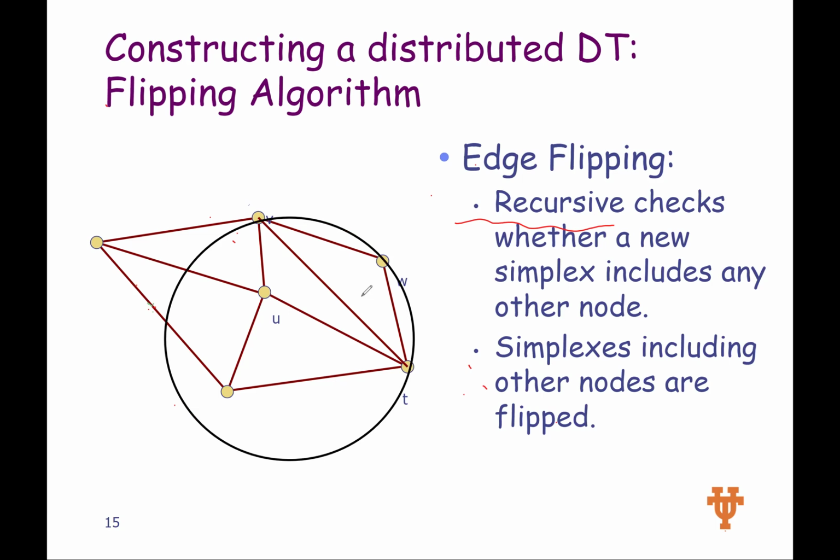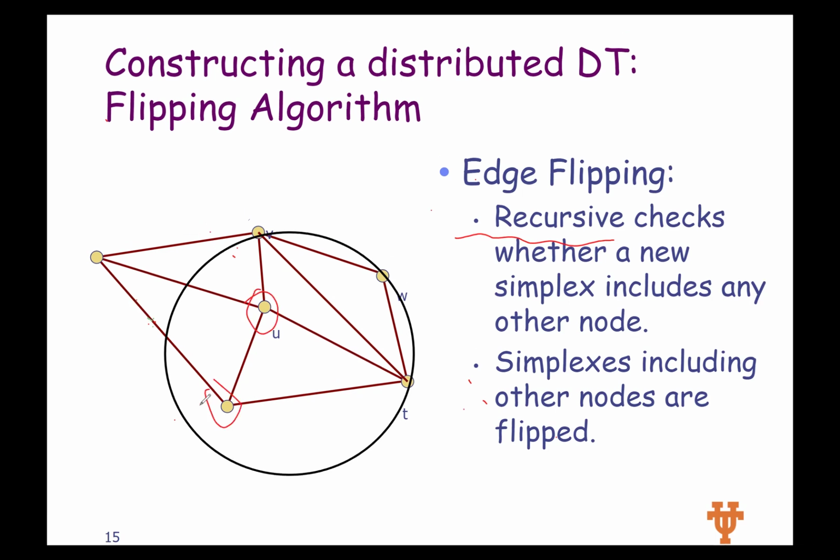So now we calculate the circumcircle of VWT and we find a problem, right? Because for a Delaunay triangulation, the circumcircle of any triangle shouldn't include another node, but this one includes the U node and another one. So this definitely is not a correct Delaunay triangulation.